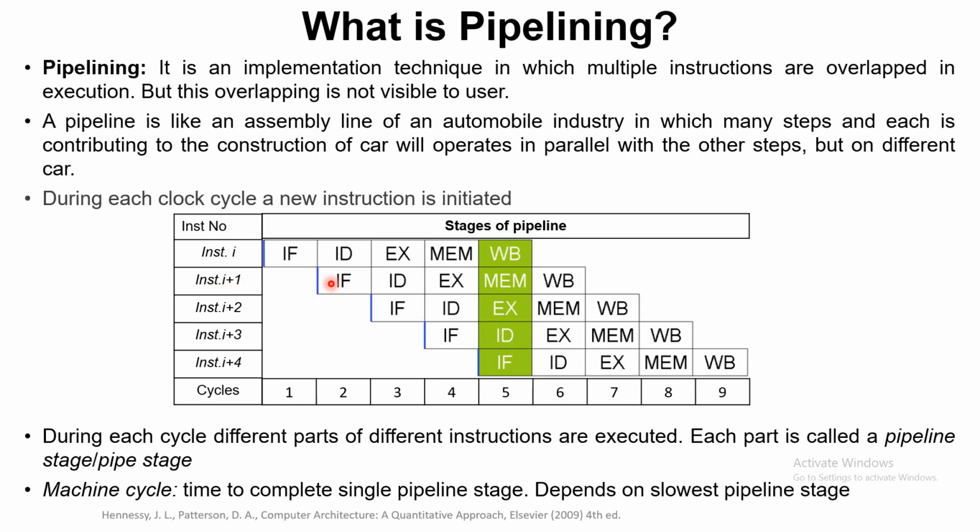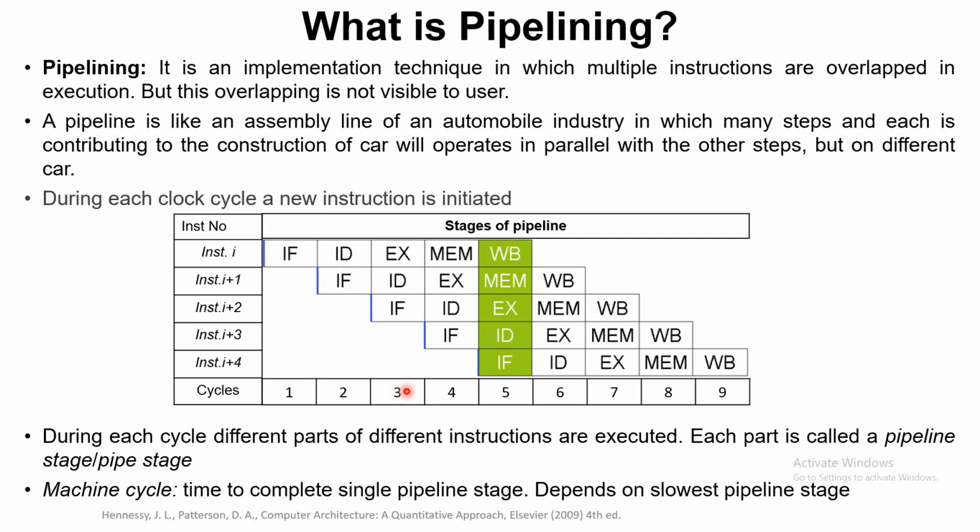The stage assigned for fetching will perform the fetching in parallel, and the second stage, to which the decoding function is assigned, will perform the decoding of the first instruction. So during the second cycle, the decoding stage will decode the first instruction, and the fetching stage will fetch the opcode of the next instruction.